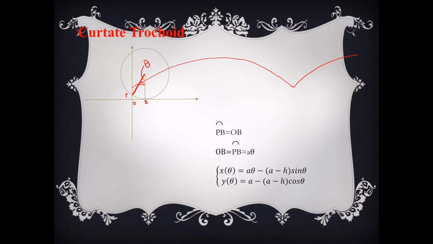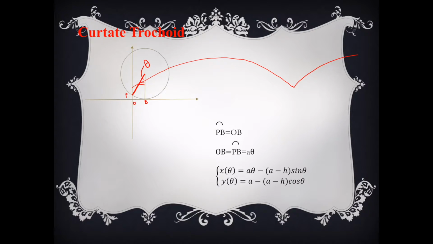Next, we have the curtate trochoid. In a curtate trochoid, as I explained before, we choose a point that is inside the two-dimensional wheel, which is why it makes this kind of path right here that I have drawn. So let's look at it. In here also, PB equals OB.